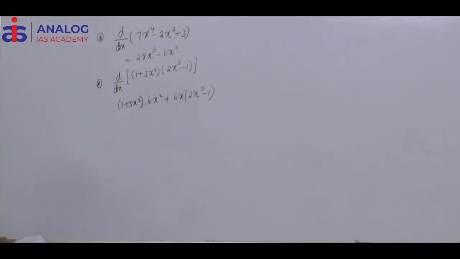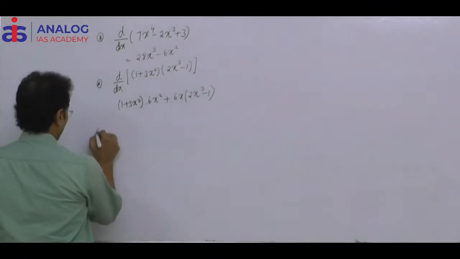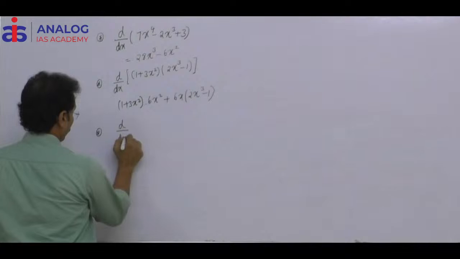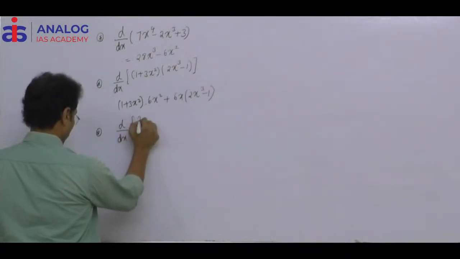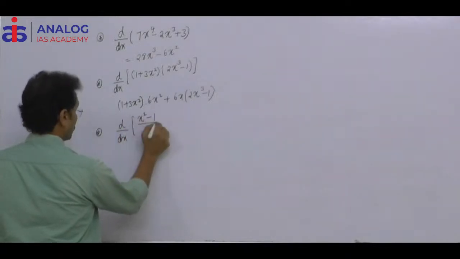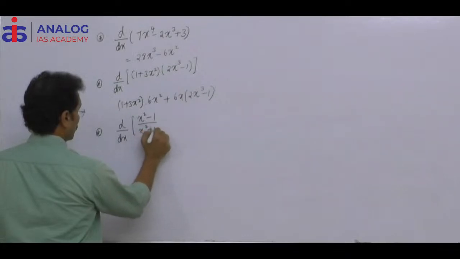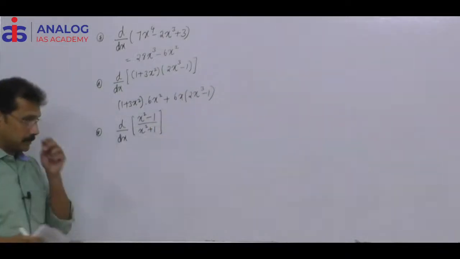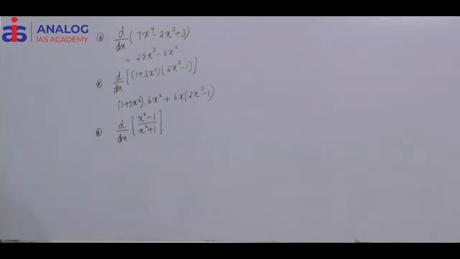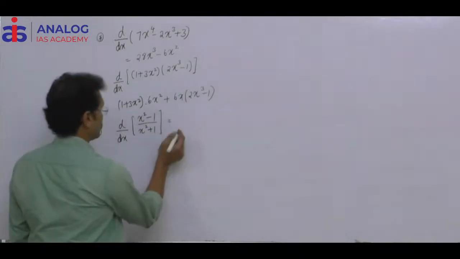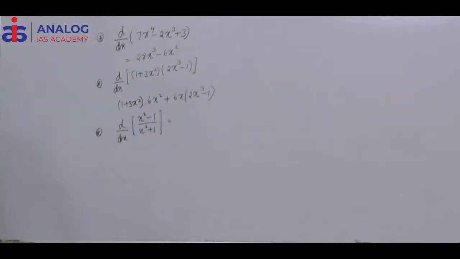Okay. One more, d by dx of x square minus 1 by x square plus 1. So it is u by v, v du minus u dv by v square.